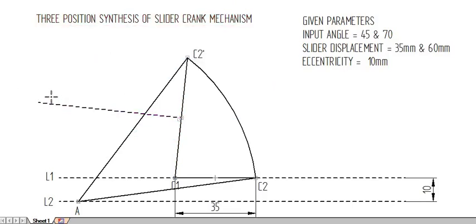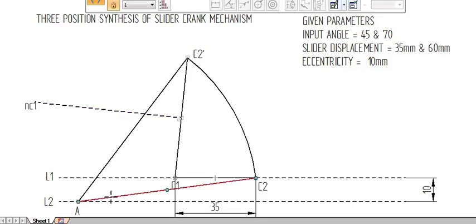That is the first perpendicular bisector. Marking the angle of the input as 45 degree. This is the first set of input angle and slider displacement.